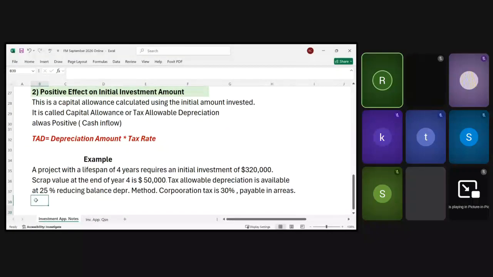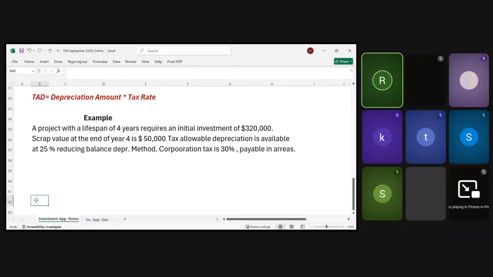From this piece of information, we want to calculate our tax allowable depreciation. Our project has 4 years. That is key to note. That is the project's life.